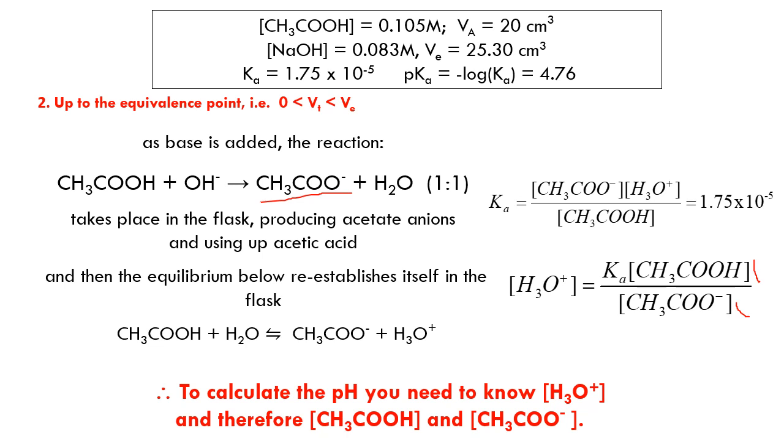To calculate the pH, we need to know the hydronium ion concentration. To figure that out, we first have to have a better idea of what the concentration of your acetic acid would now be, because we just used some of it, and what the concentration of your acetate ions would be, since we just produced some.